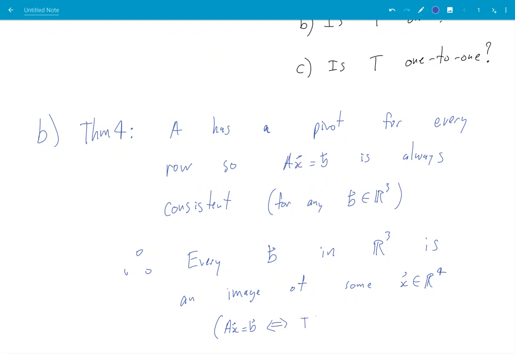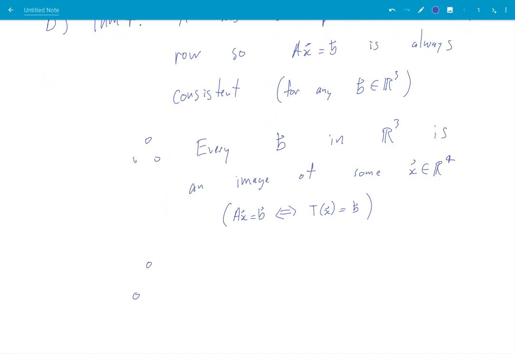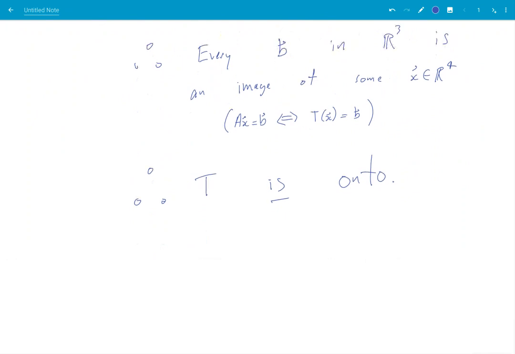Same thing as talking about T of X equal B. So if this guy has a solution for any B, that means this guy has a solution for any B. And that means that no matter what B you pick here, it has a buddy, X. So any B is an image of some X. And this is what we mean by the transformation being onto. T is onto. Yes, it is onto.